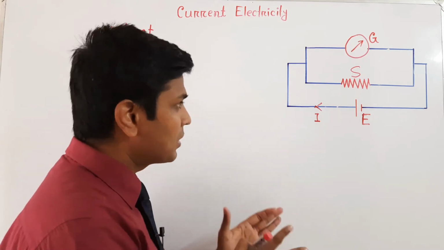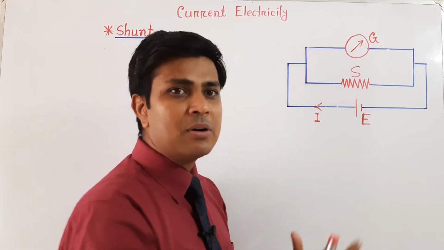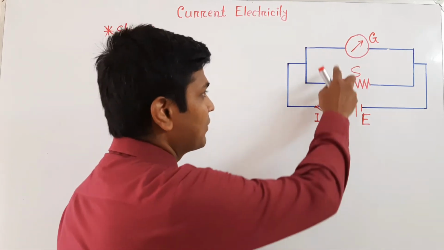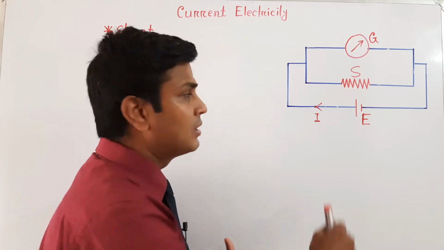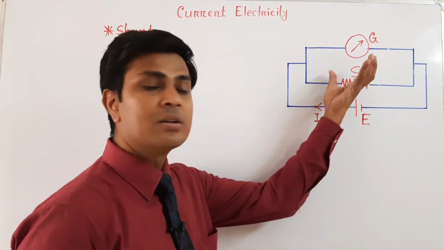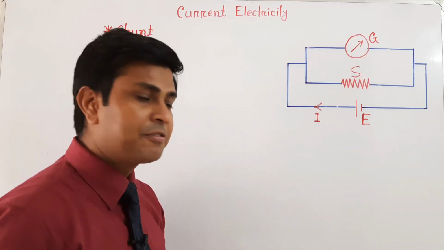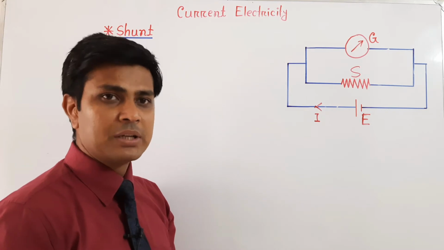Then most of the current will flow through the shunt, and only the required amount of current, the range of this galvanometer, will flow through the galvanometer, so that the sensitive instrument can be saved from the overflow of the current.